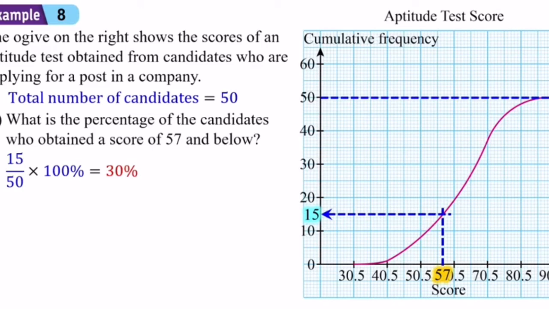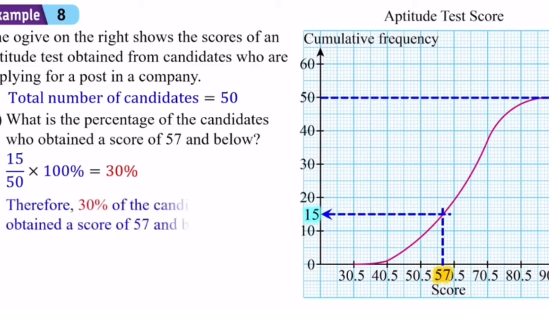Alright, so I have discussed with you how to find the percentile, and therefore we can say that 30% of the candidates obtain a score of 57 and below. Make sure you write 57 and below, which is a very important keyword, right?